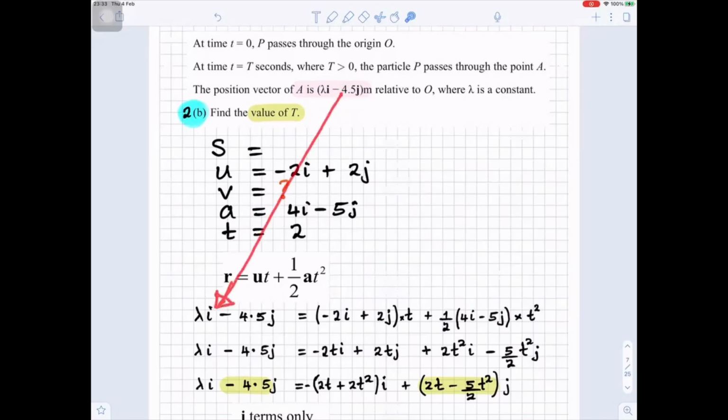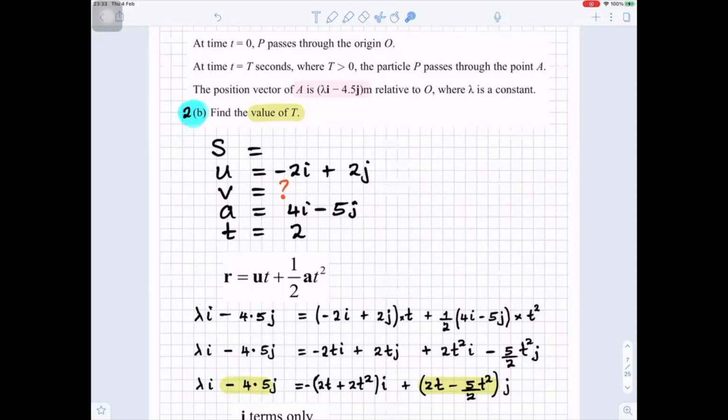We know u is minus 2i plus 2j, times t, plus half times acceleration 4i minus 5j, times t squared.